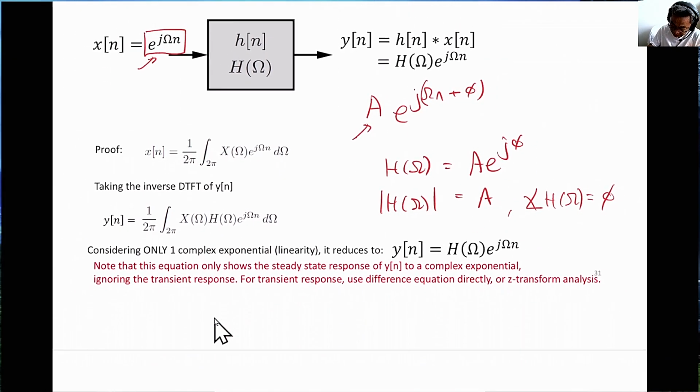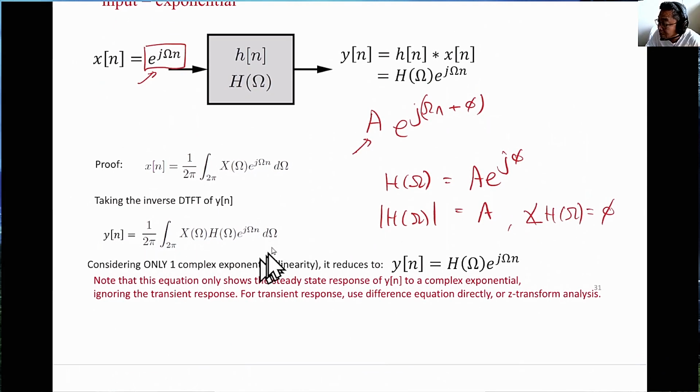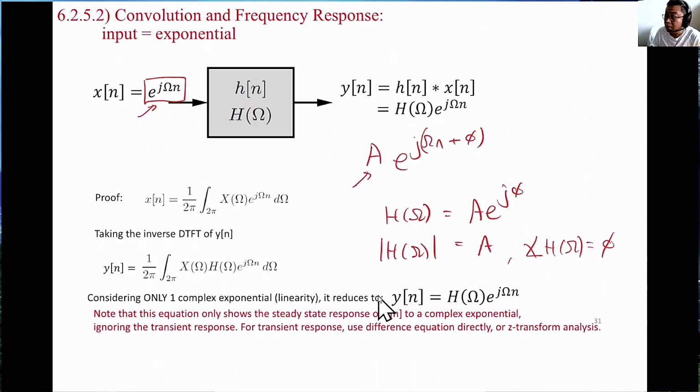When we plug everything in, this synthesis equation reduces to H(ω) e^{jωn}. This equation shows only the steady state response of y[n]. To get the transient response, you have to use the z-transform. This will be demonstrated in the next example.